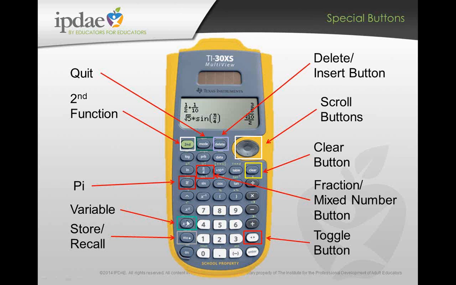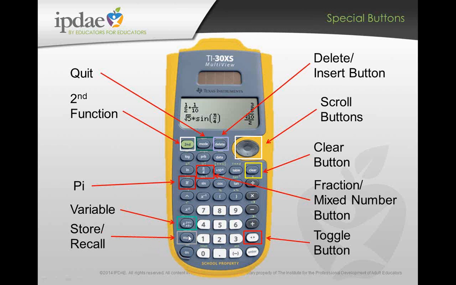We also have the variable buttons right here. You'll see over here that there are so many letters in here. There's X, Y, Z, A, B, C. Those are all empty cells where you insert or store values. So we'll talk about that in greater detail later on.